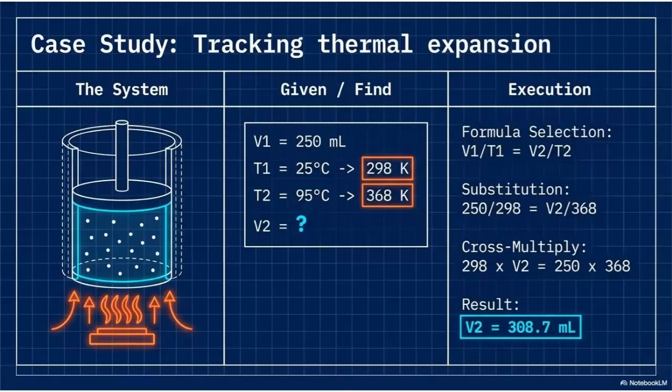And my answer, it says, is 308.7, but how many sig figs should my answer have? If I look at my volume 1, it only has 2. So the answer should only have 2. So that answer should be 3.0 times 10 to the second milliliters.